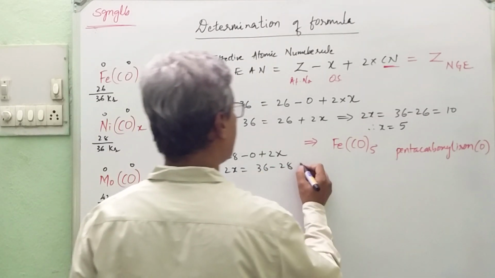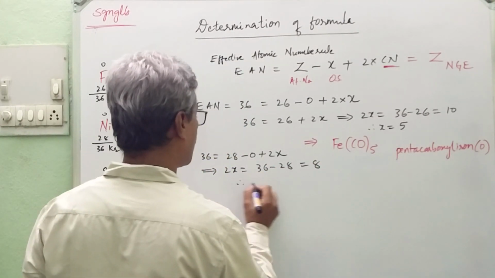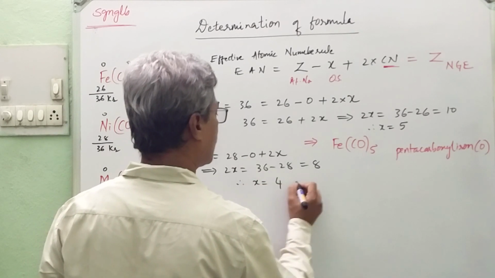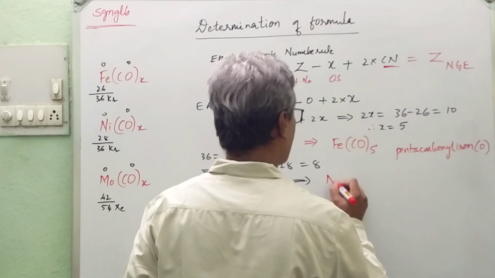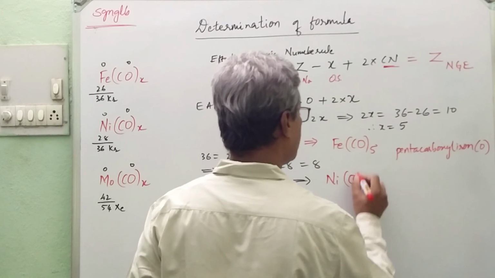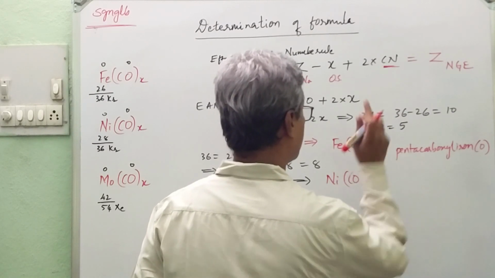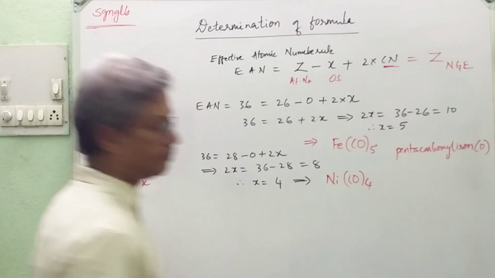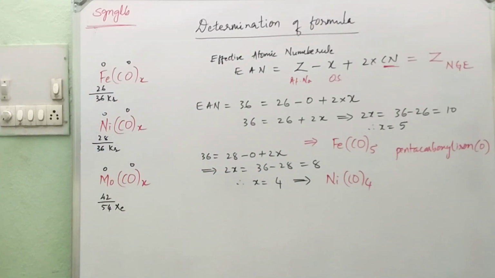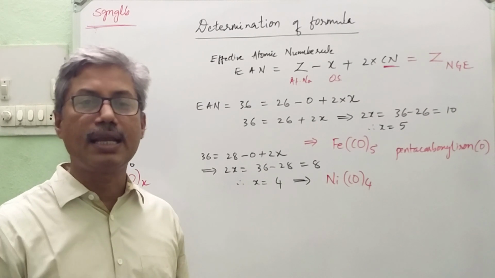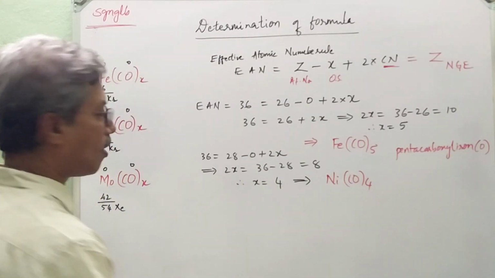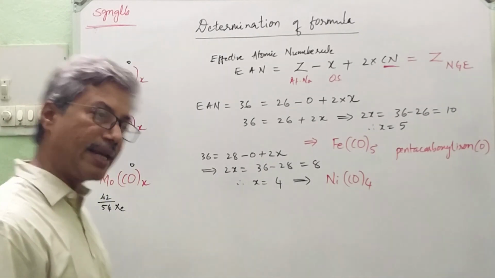How much will it be? 8. And therefore, x will be equal to 4. And this implies that the formula is Ni(CO)4. Clear? Its name is tetracarbonylnickel(0) or nickel tetracarbonyl.